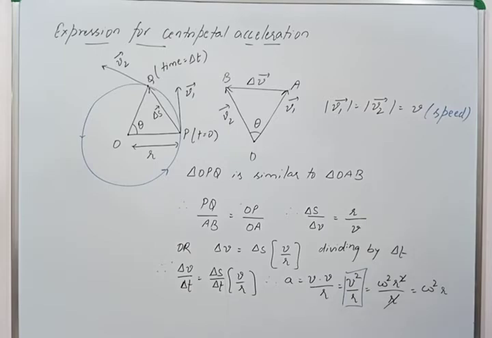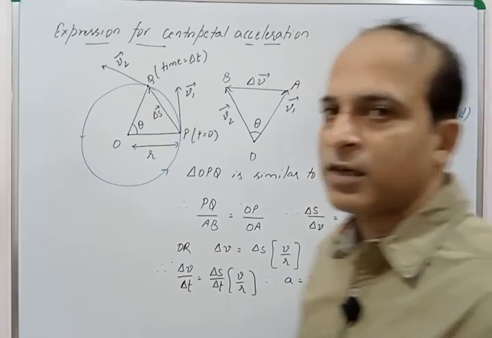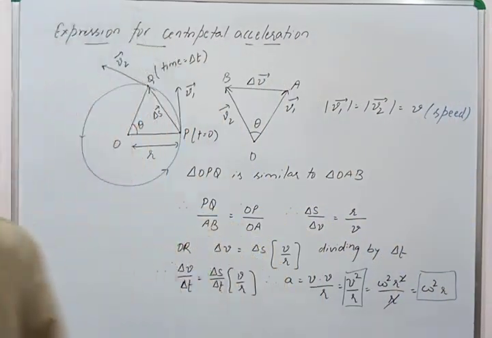Or the corresponding expression can be obtained, because we have already discussed V equal to R omega, so in place of V square you can put omega square R square. One R will get cancelled, you'll get it as omega square R. Therefore the value of centripetal acceleration can be obtained as V square by R or omega square R, right?